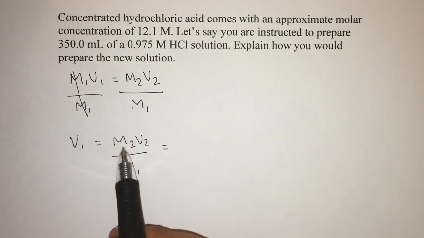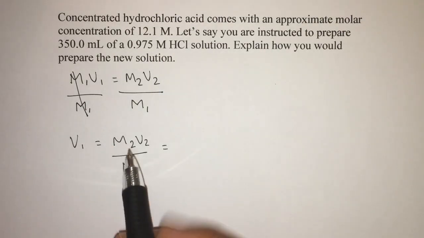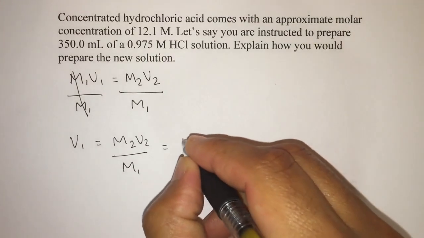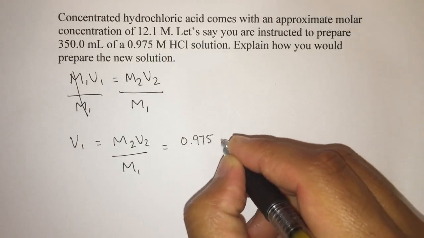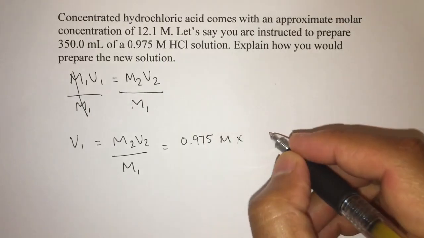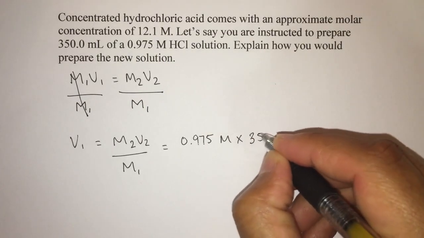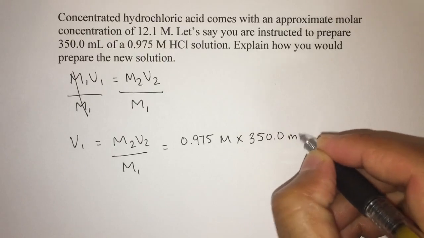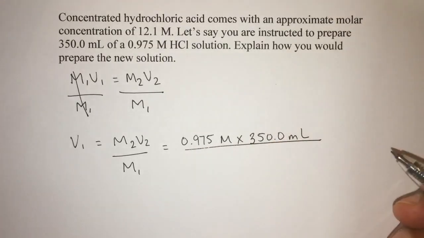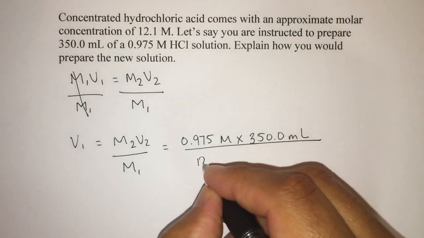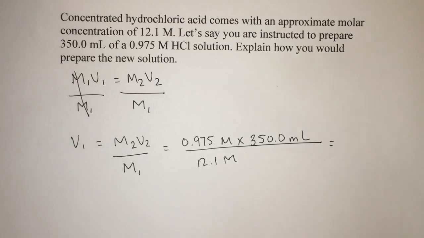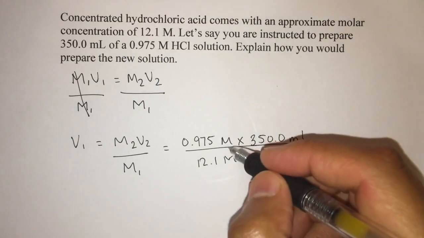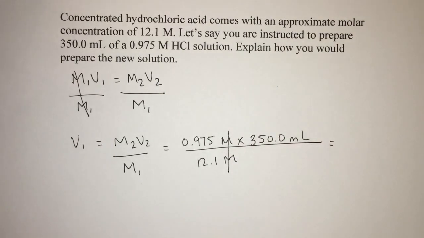So let's plug this in: M2 times V2 divided by M1. Okay, so right here you'll notice molar over molar, so those units will cancel.